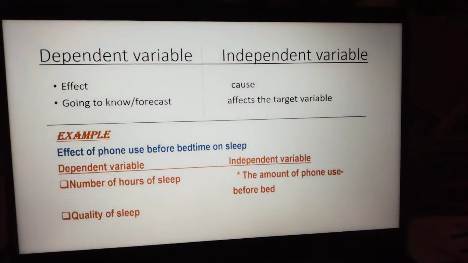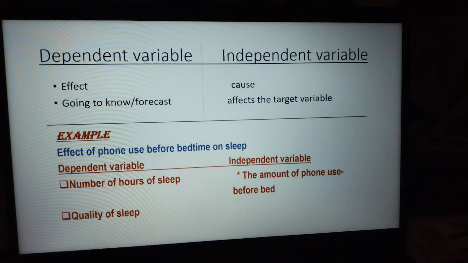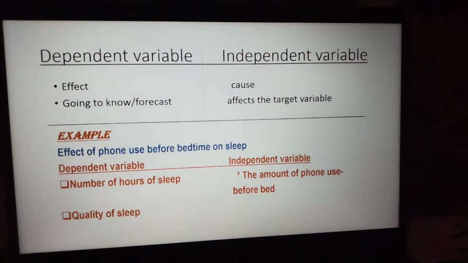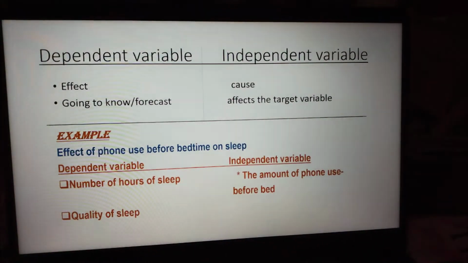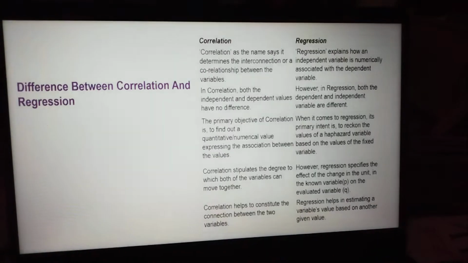So causing variable is always independent variable. So amount of phone use is the independent variable, and the effect will be on our sleep. So quality of sleep is the dependent variable. I think all of you are understanding this concept.